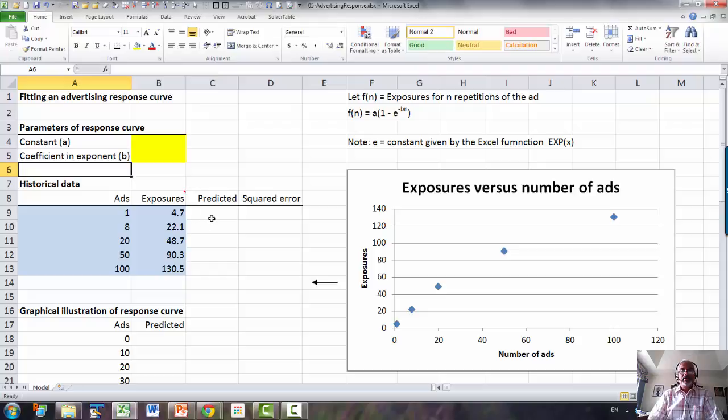So this is the actual exposures. Now if we use this function, what would the exposure prediction be? Remember, this e is a constant, and in Excel it is given by the EXP function. Let's give names here.